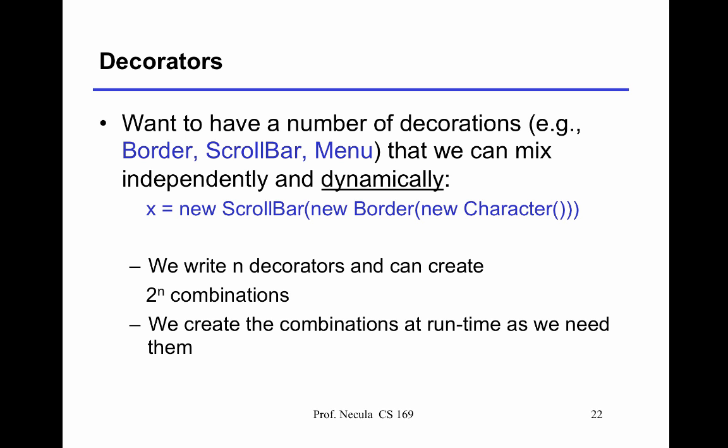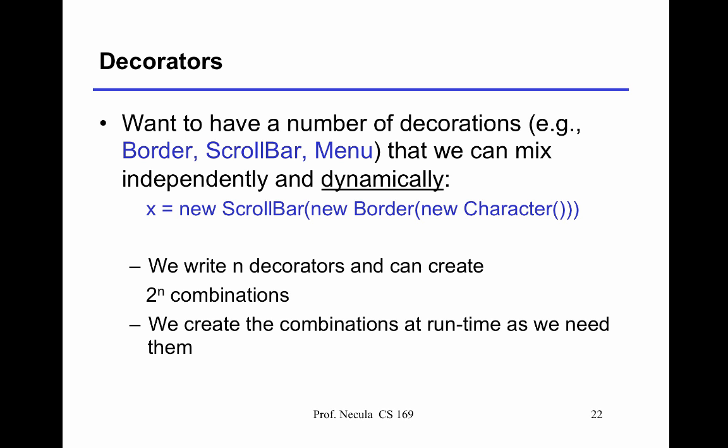And if you can write this, nothing prevents you from putting two scroll bars, a horizontal and a vertical one, and putting two borders or putting the borders outside of the scroll bar. Right? Because it's just a way of how you combine this code. Right?